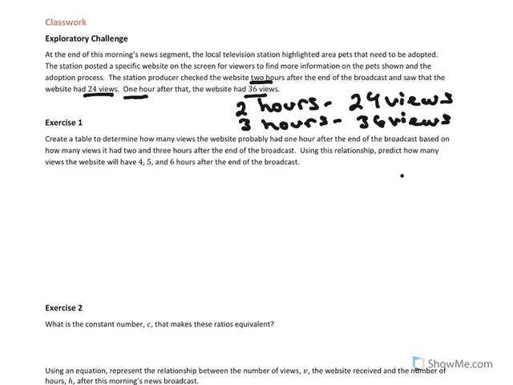Okay, so now we're asked to create a table to determine how many views the website probably had starting with 1 hour at the end of the broadcast, based on how many views it had from the 2 and 3 hours, the information that we have, and then figure out 4, 5, and 6. So the first thing we have to do here is draw a table.